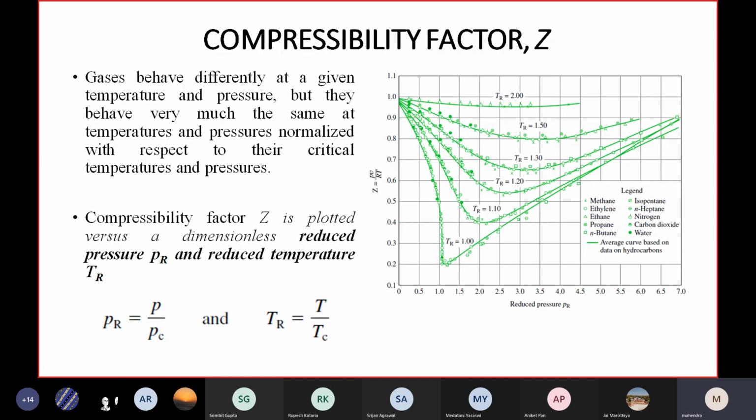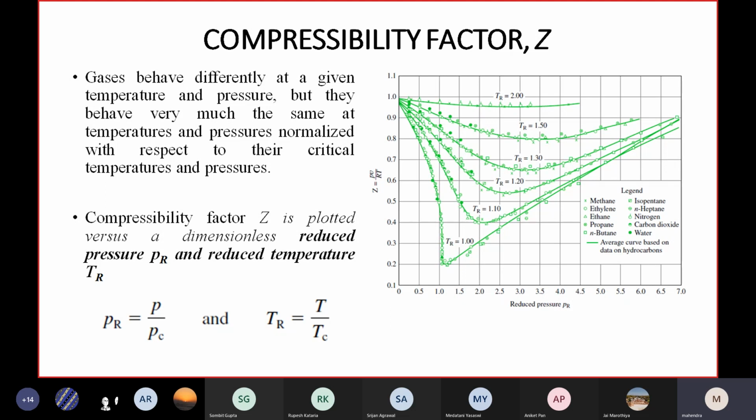The point where latent heat is 0, where the liquid is directly converting to the vapor without any dryness fraction in between. In the case of water it is 220 bar and 374 degrees centigrade. Like that, every gas has a certain critical temperature and critical pressure.